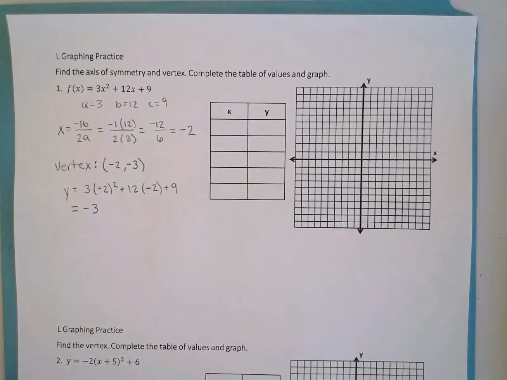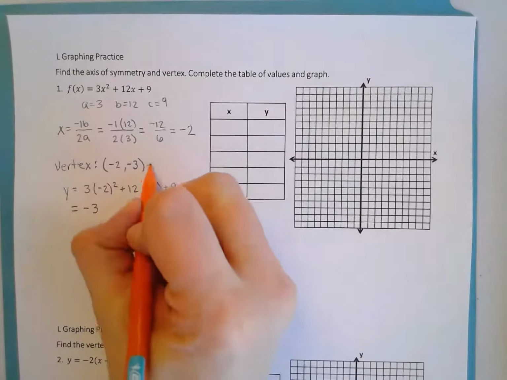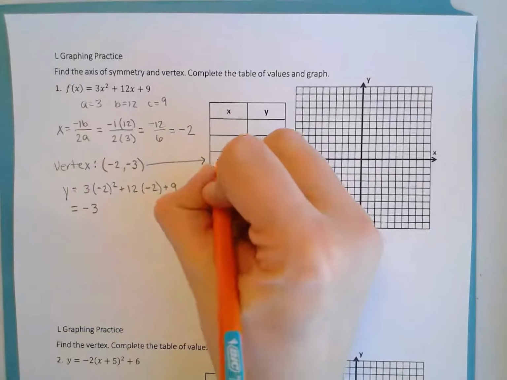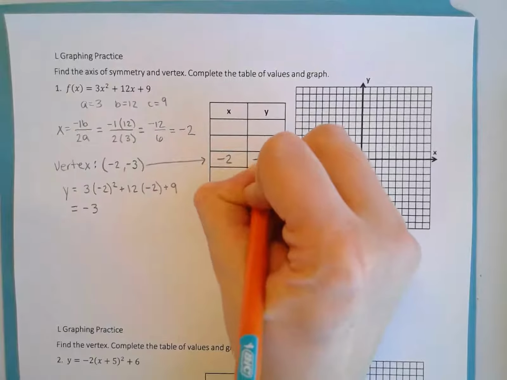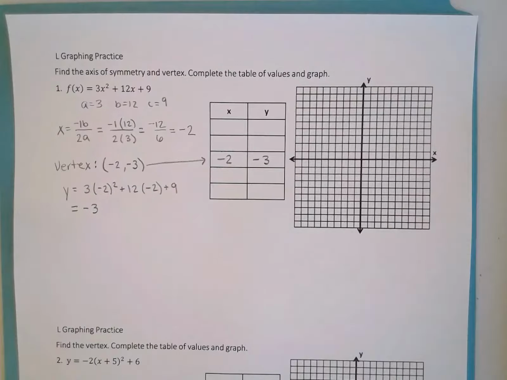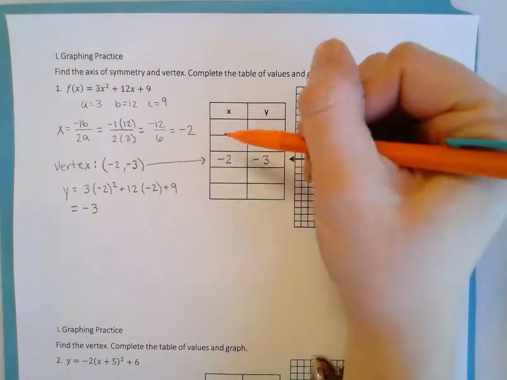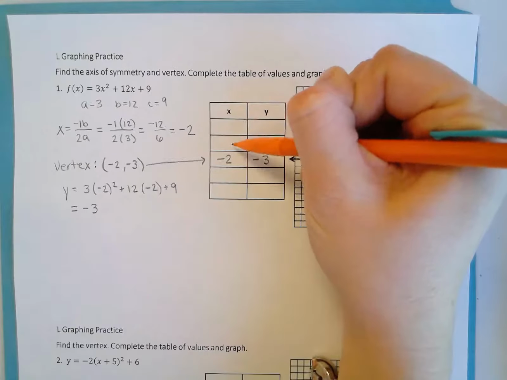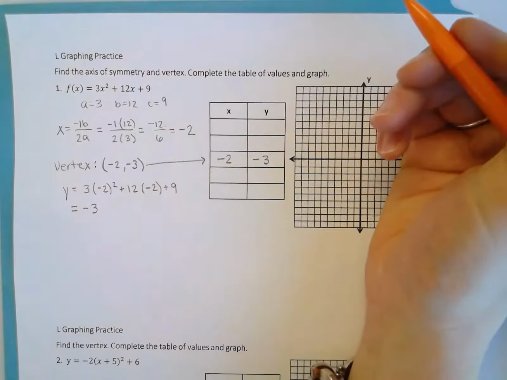Because the vertex is in the center of the parabola, we will put that in the center of our table. You'll want to graph 2 points to the left of the vertex and 2 points to the right of the vertex. Therefore, pick 2 numbers less than your x value and 2 numbers greater than your x value.